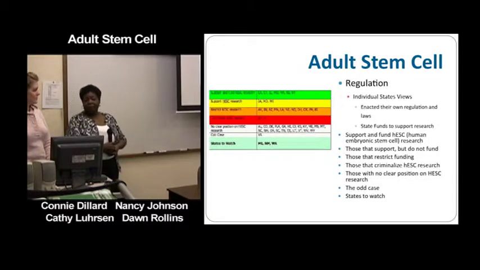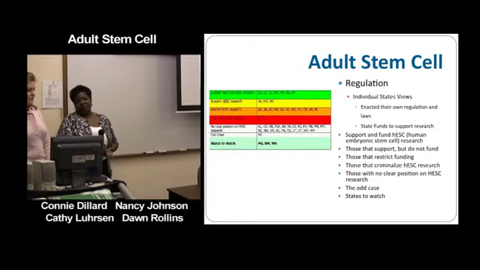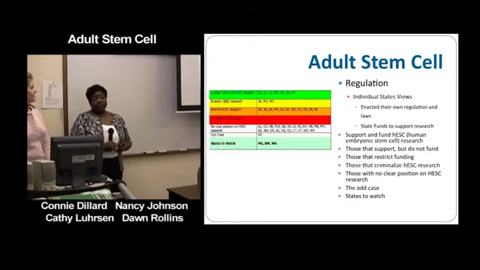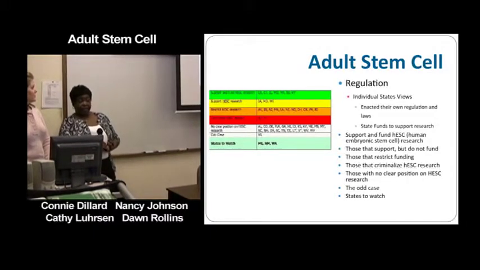I broke them down into these categories: some supported and funded it. Some supported it but didn't fund it. Some just restricted funding altogether for the embryonic stem cell, where they didn't really have a problem with the adult stem cell.